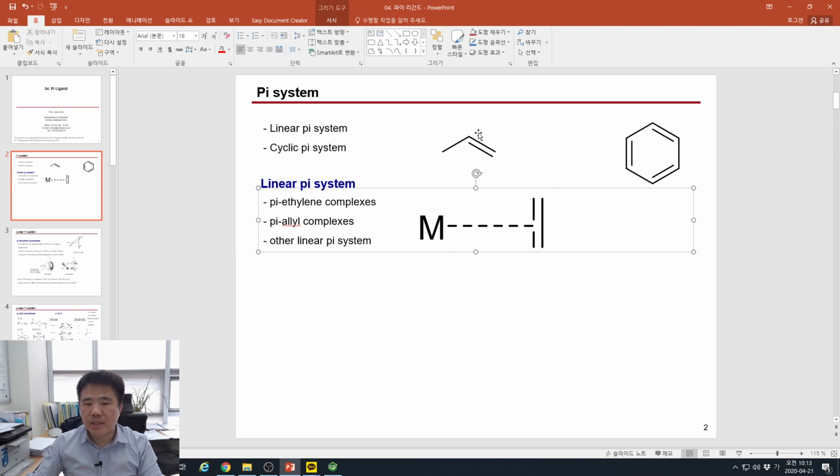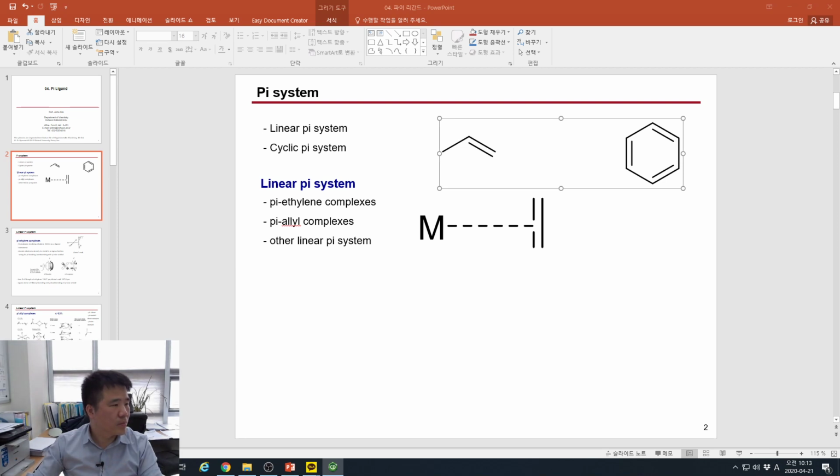And the pi allyl system is kind of like this.